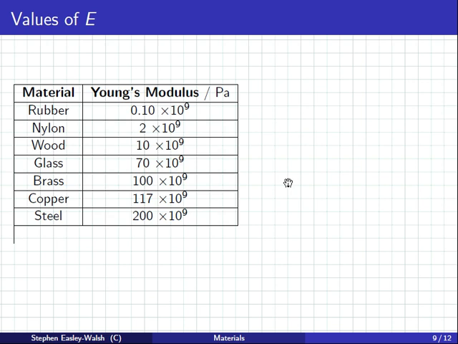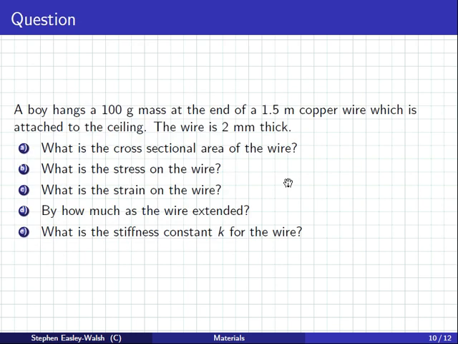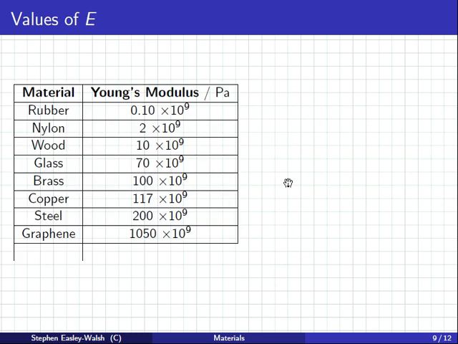Steel. Next. The graphene. In your pencil. Oh, graphene sheets. Okay?